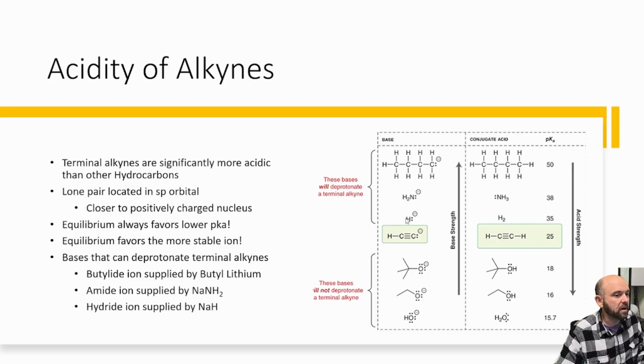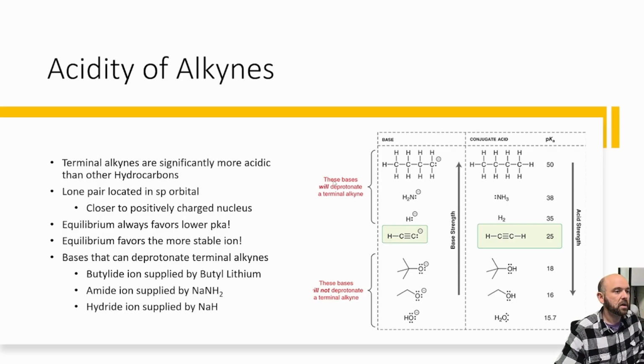And while they are very, very reactive species, they are kind of off-the-shelf products, if you will. You can go to your chemical supply and order sodium amide, NaNH2, and they can send it to you in a bottle. Whereas if you want to deprotonate butane, you've got to do a lot of heavy in-lab chemistry to make that happen.